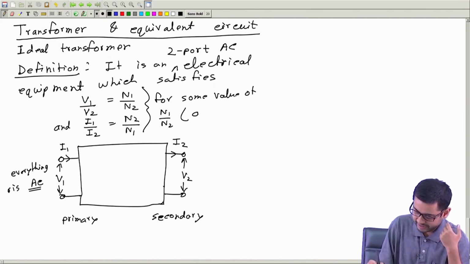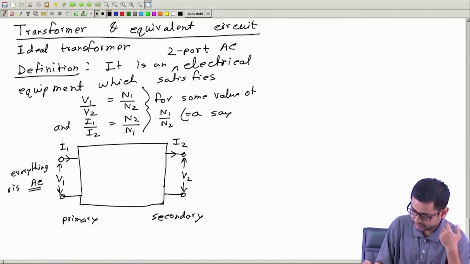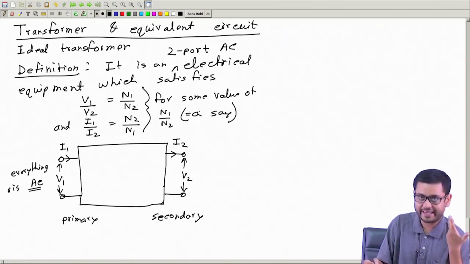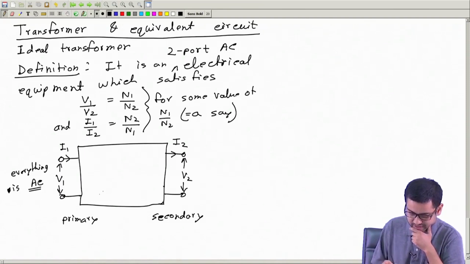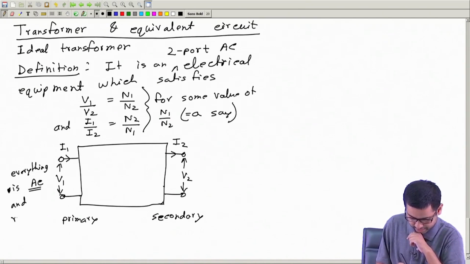You can call this ratio A, one number A. So if we have an equipment like this, where these are AC quantities, this means these are RMS quantities. So everything is AC, and so I1 is the RMS value.